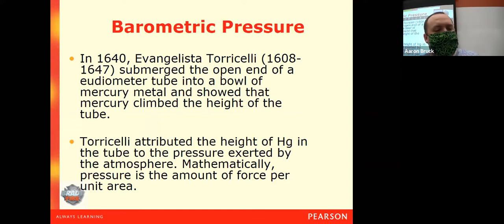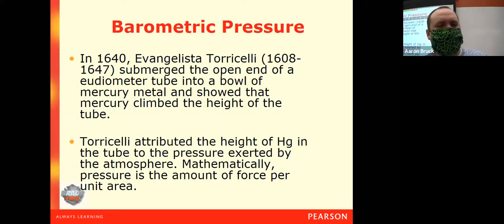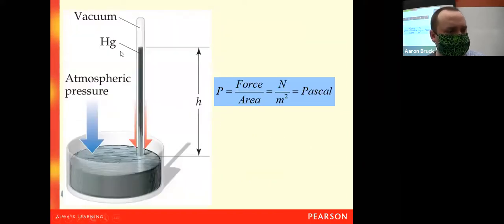And so he recognized that there's a relationship between the overall pressure exerted on the outside of the bowl of mercury and how high the mercury climbs up in his tube. Does some calculations of force and area to find the pressure. And so this is a mock-up of the setup that Torricelli used.